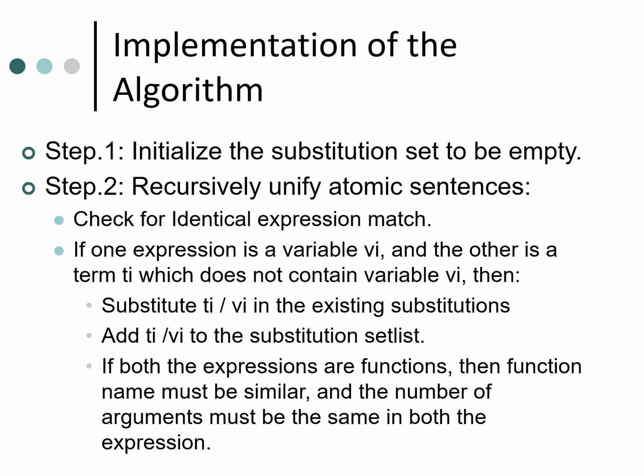So we can apply substitution. If the substitution already exists, you can use ti by vi with the existing substitution set. If not, you can add ti by vi to the substitution set list.